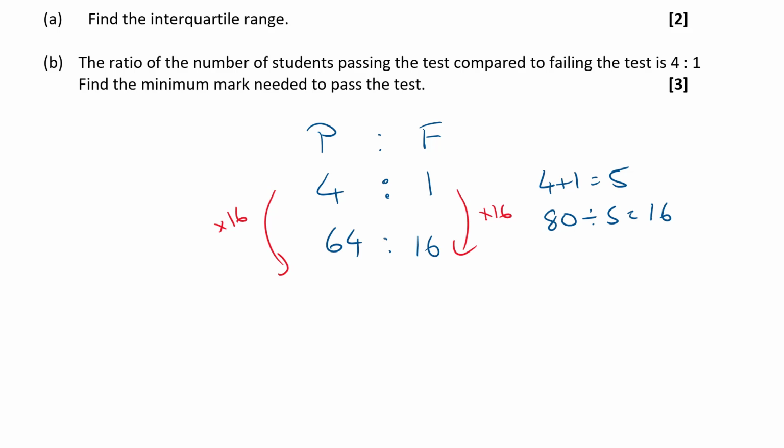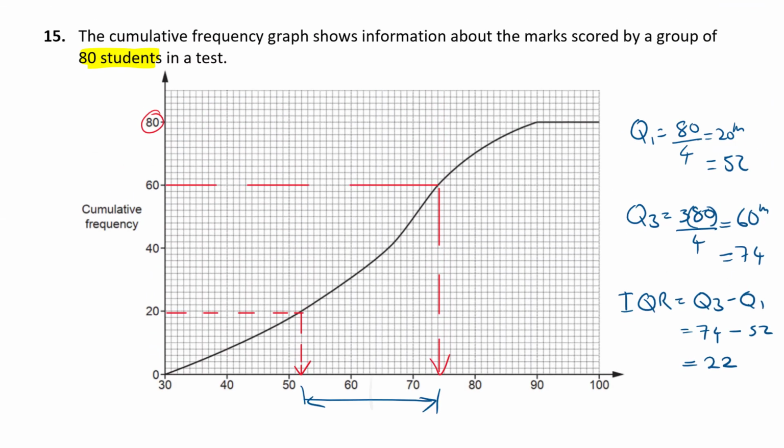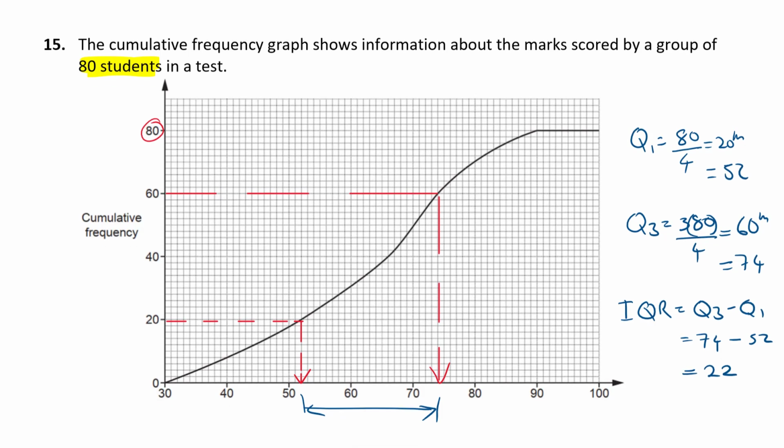So what must be the minimum mark needed to pass the test? Well, coming back to our graph, 16 students would have failed and the rest of them would have passed. So it's basically the bottom 16 that are going to fail, aren't they? So what we want to do is find 16 on our graph, on our cumulative frequency axis.